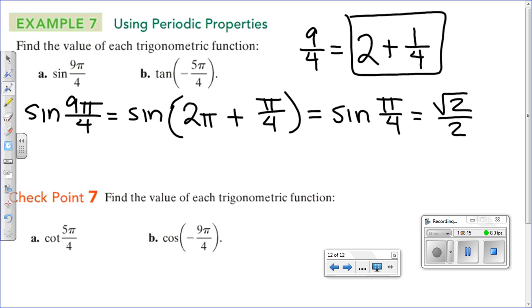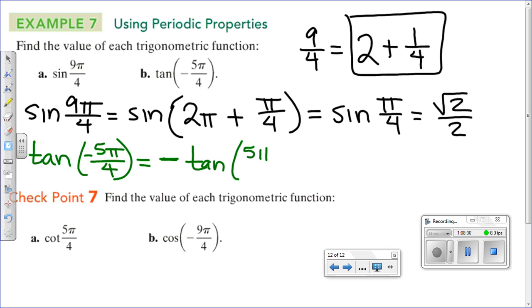And that's it. Now let's do the next one, tangent. Tangent of -5 pi over 4. First of all, tangent is odd or even? Odd. So since I have a negative angle, I could say that it will be the opposite of the tangent with the same angle but positive.